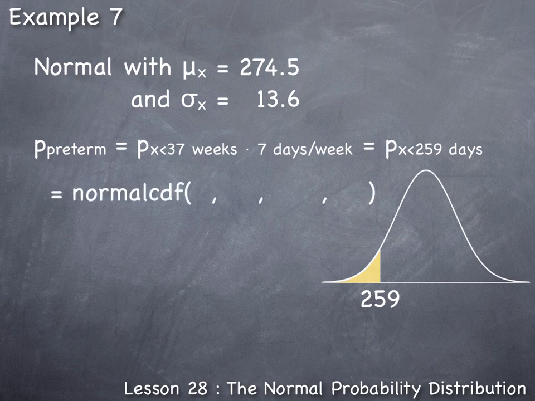The normal CDF command on the TI-84 calculator requires the input of 4 values. The first value corresponds to L, the lower limit of the range of the bell-shaped curve for which we're trying to find the percentage. Since we were looking at preterm births being less than 37 weeks, which is everything less than all the way to the minimum duration of a pregnancy, the lower limit would be the minimum duration of a pregnancy. If we don't know what that minimum value is, we can use negative 9E99 to get the calculation.